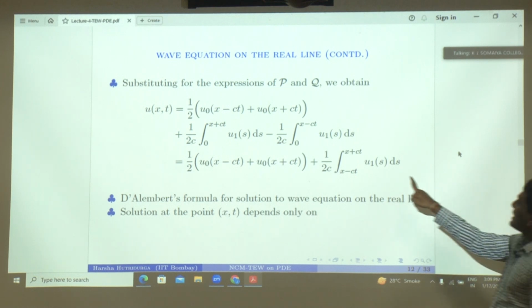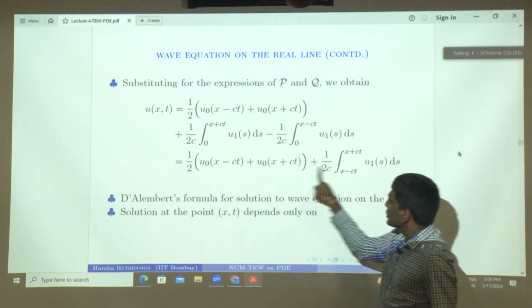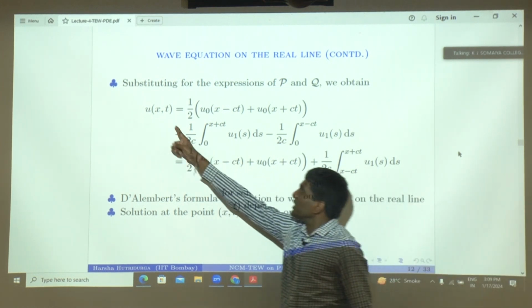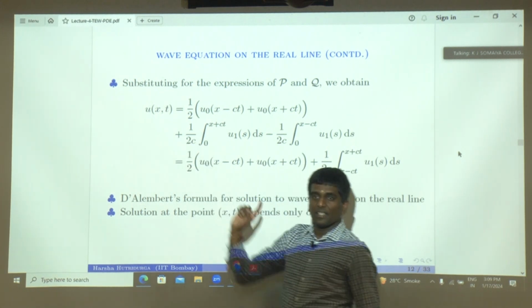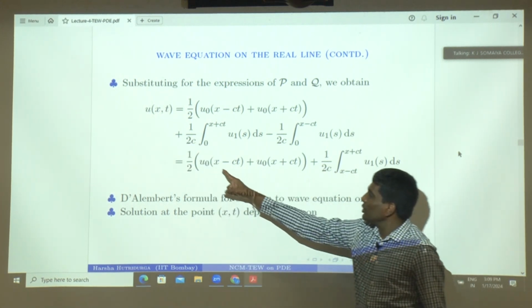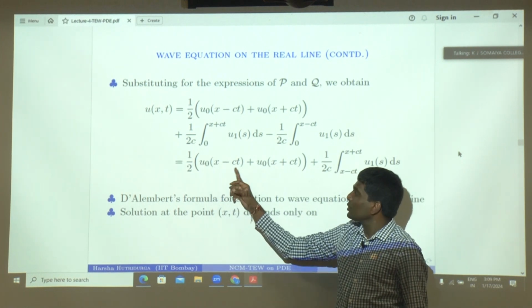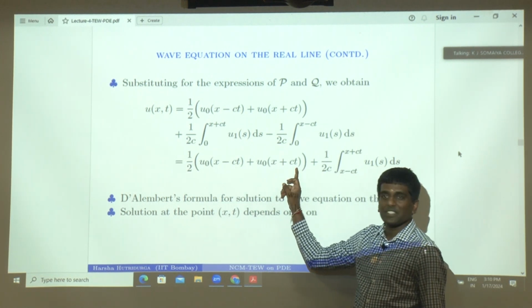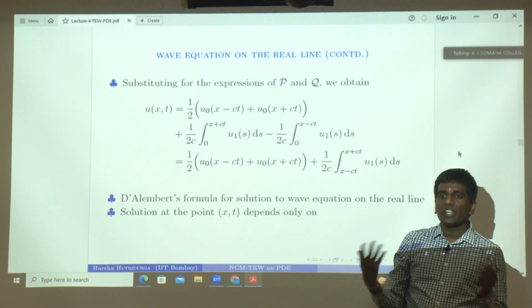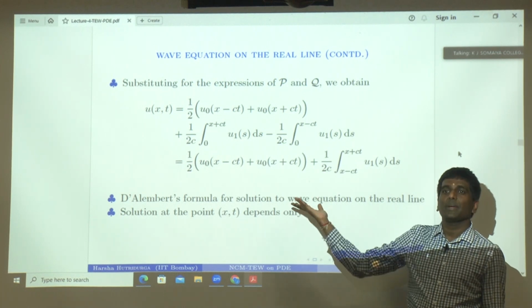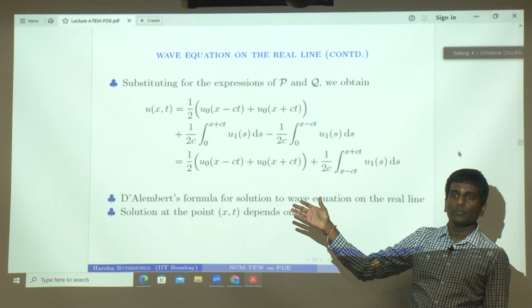The one takeaway from this is, if I am interested in the value of my solution to the wave equation at the point xt, I need to know the value of u naught only at 2 points, x minus ct and x plus ct. Everywhere other than these 2 points, the behavior of u naught doesn't matter for the value of u at xt.